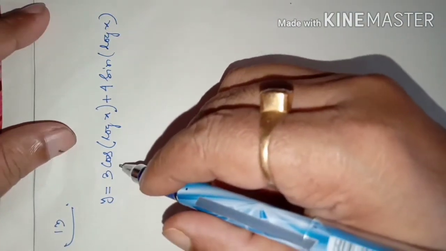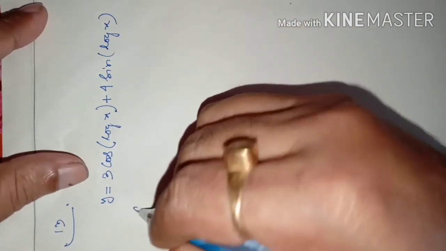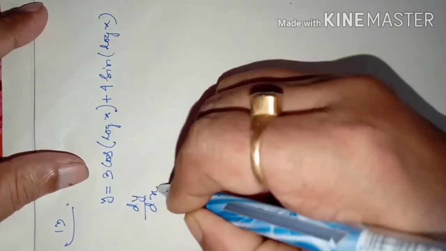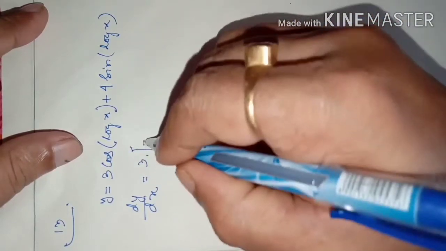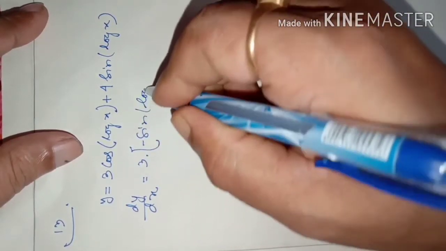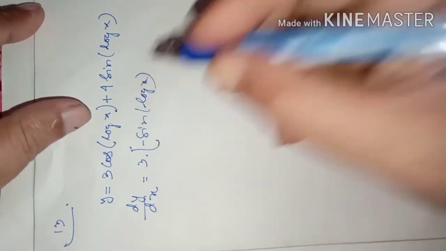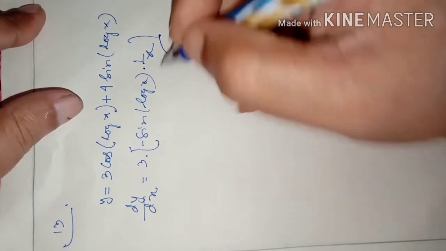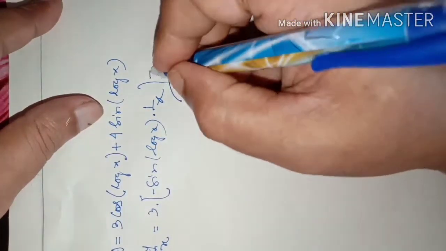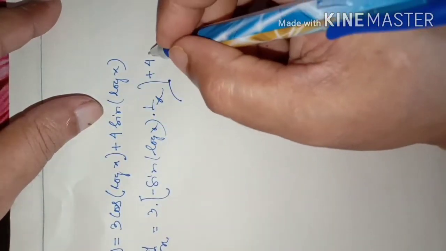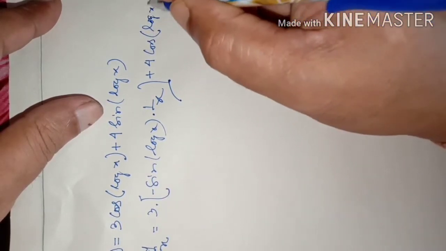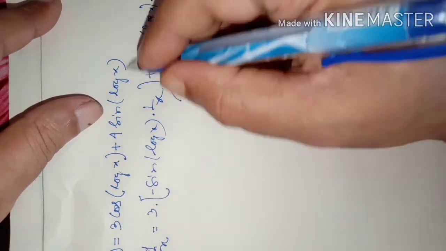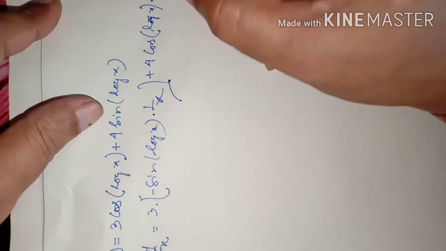So here y equal to 3 cos log x. If we take dy by dx, then it will be 3 cos log x is minus sin log x, no? Then derivative of log x is 1 by x. Next, this part plus 4 sin log x is cos log x into log x, its derivative is 1 by x.